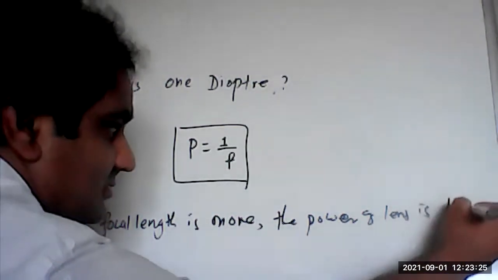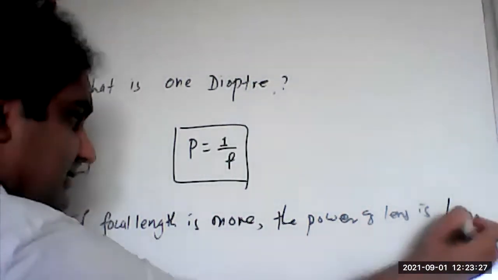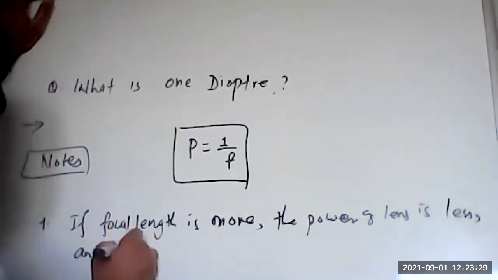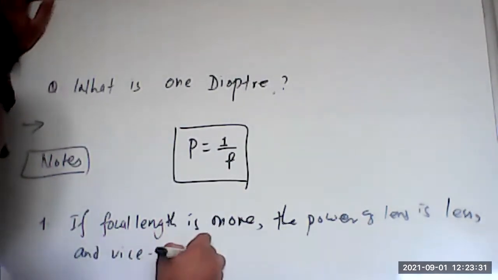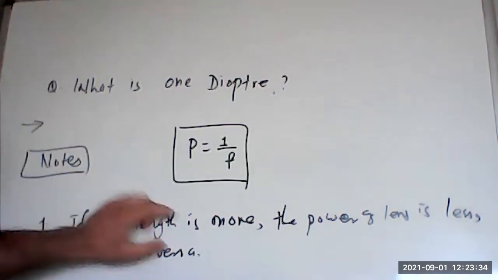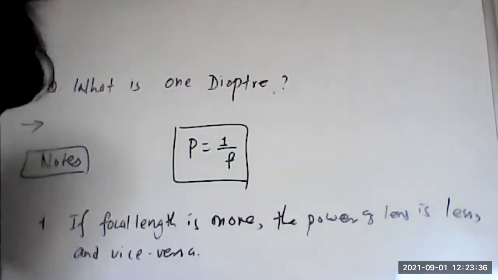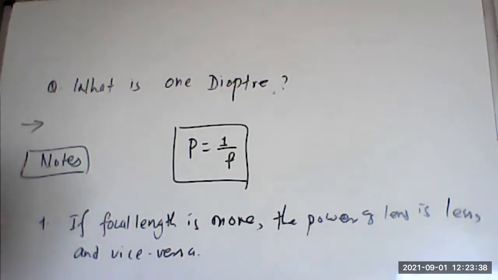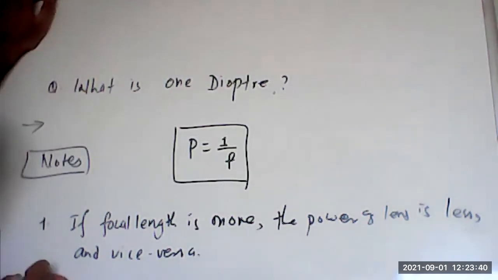Less. Very good. And vice versa. Vice versa means? If the focal length is less, power is more. The opposite.